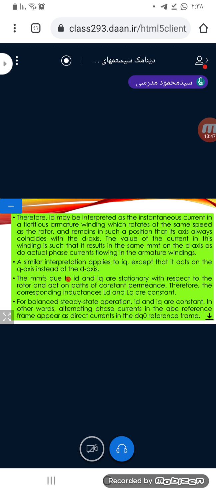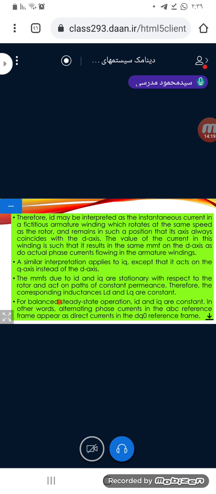The MMFs due to ID and IQ are stationary with respect to the rotor and act on paths of constant permeance. Therefore, the corresponding inductances LD and LQ are constant.